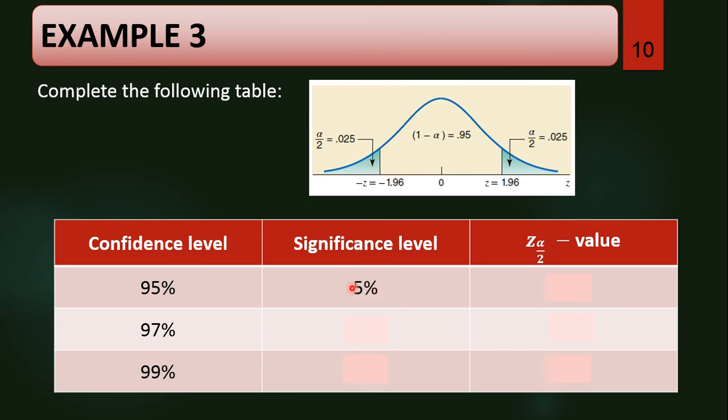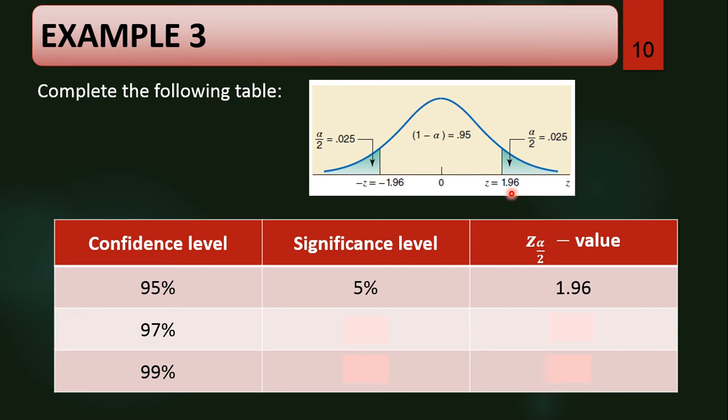Then, in the normal distribution table, you need to find the value for 0.025 and figure out the corresponding Z value. It shows 1.96. The further left is negative 1.96. The further right is 1.96.